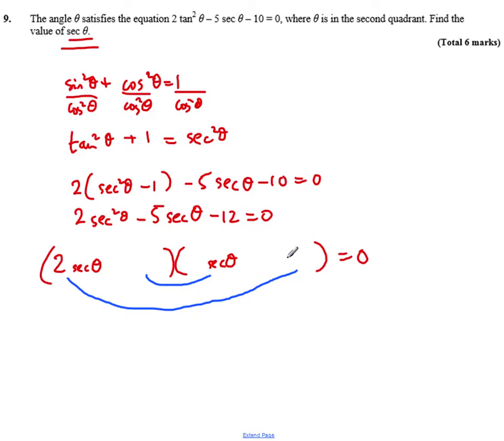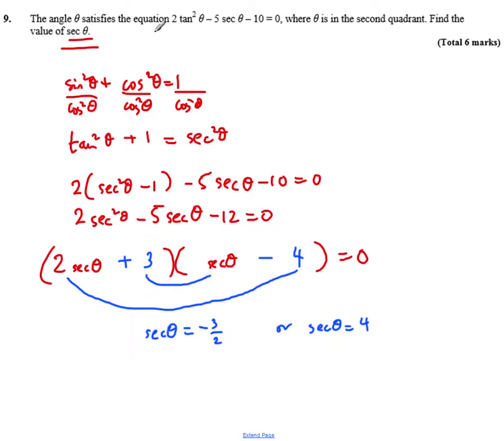Let's try 6 and 2. No, that doesn't work. Let's try 3 and 4. That could work. 2 by 4 is 8, 3 times 1 is 3, and the difference between 8 and 3 is 5. So I need that to be a minus and that to be a plus. This tells us that sec theta is equal to minus 3 over 2, or sec theta is equal to 4.